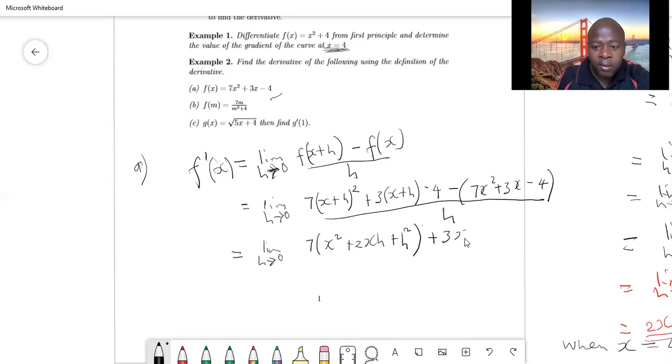3x plus 3h minus 4 minus 7x squared minus 3x plus 4.